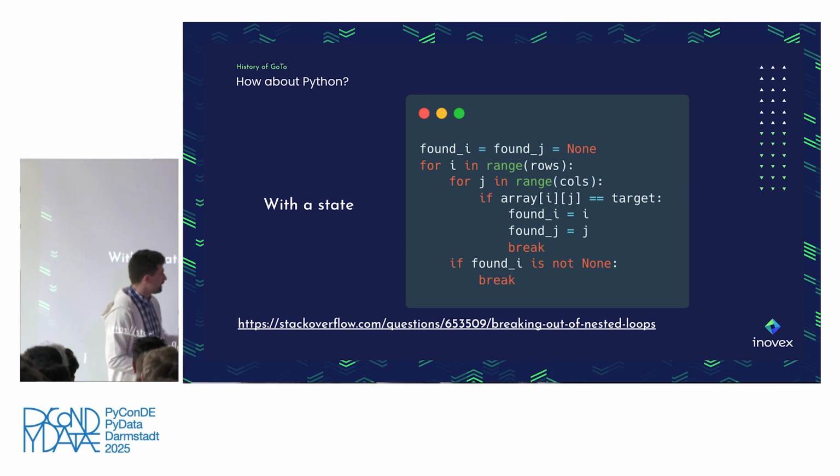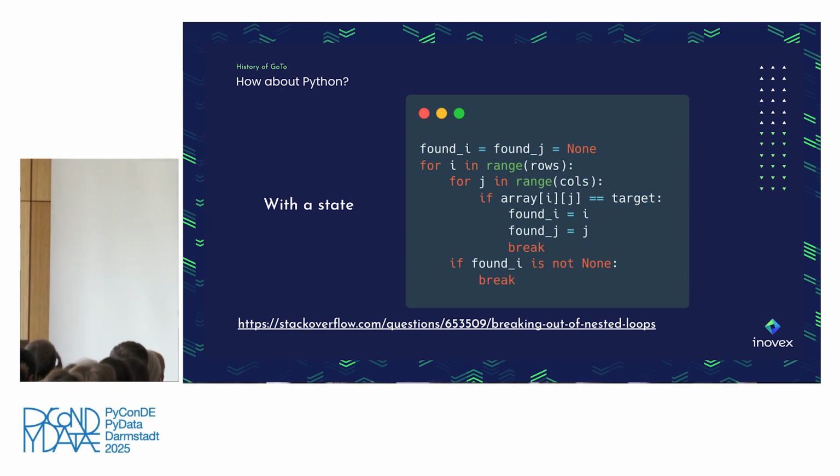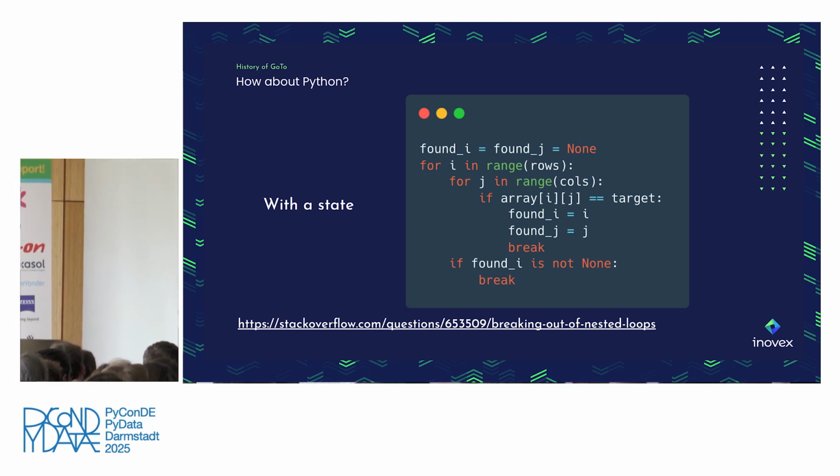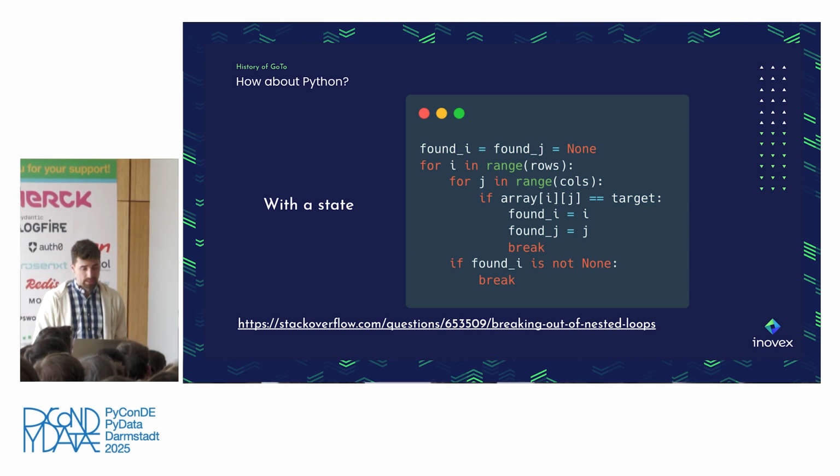And normally we would break out here, but since there's no labeled break in Python, how can we do this? We can, for instance, use a state: if found_i is no longer None, then we break the two loops.